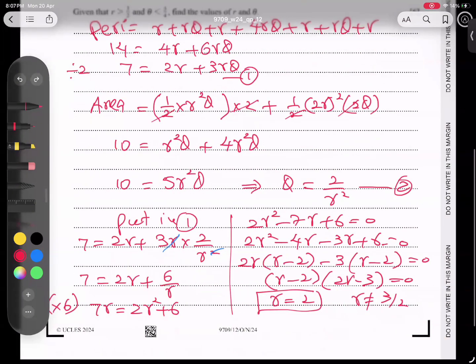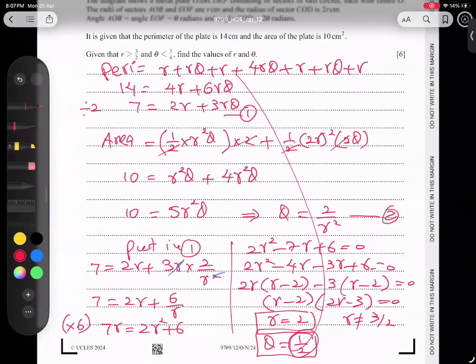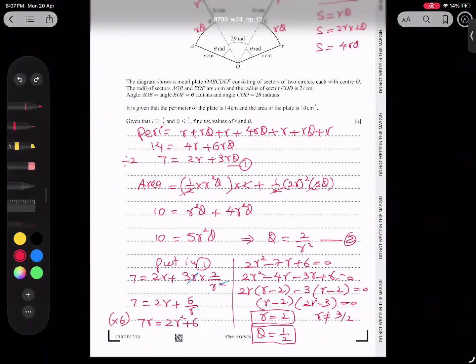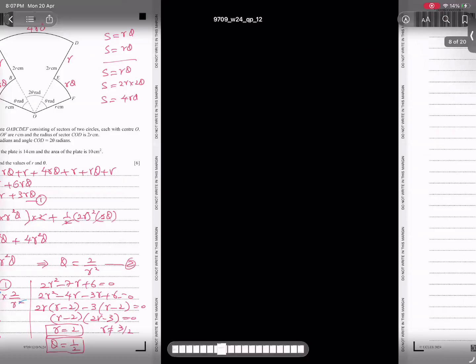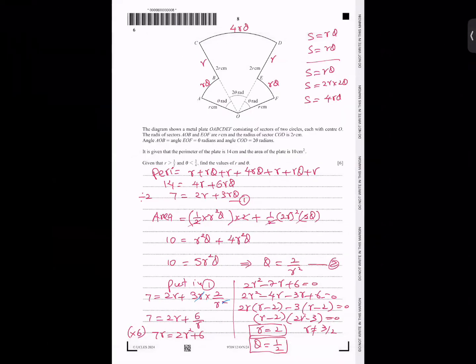So I plug this 2 in here, and I get theta equals half, which is 0.5, and that is less than 0.75. So our answer is smaller than that, which means it is correct. So we have done it. The first part of the question is completely over, and I think it has only one part. Yes, so the question is completely done.